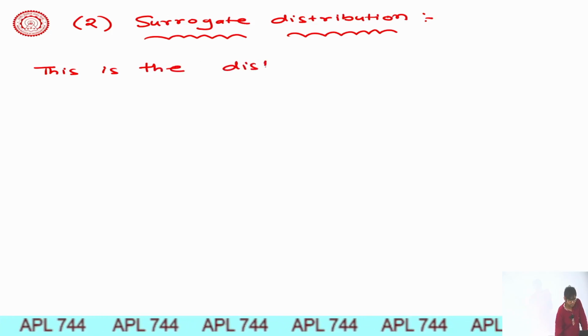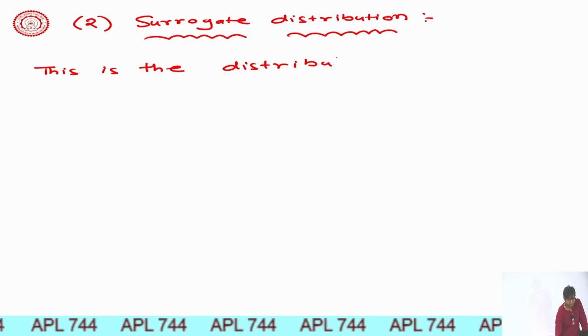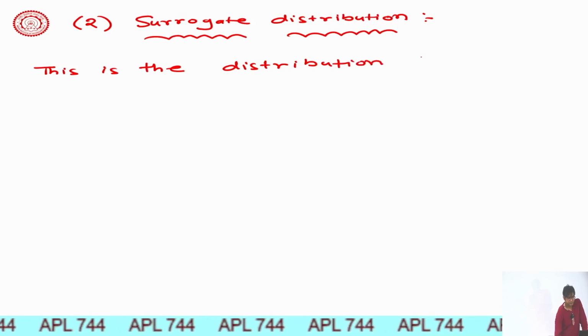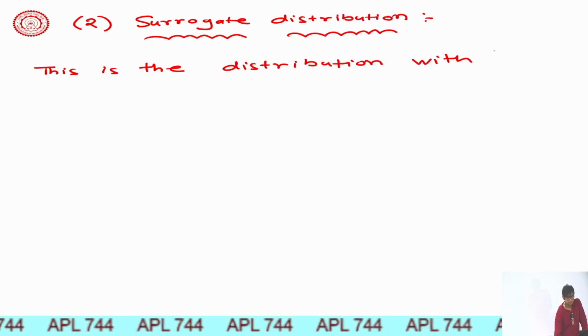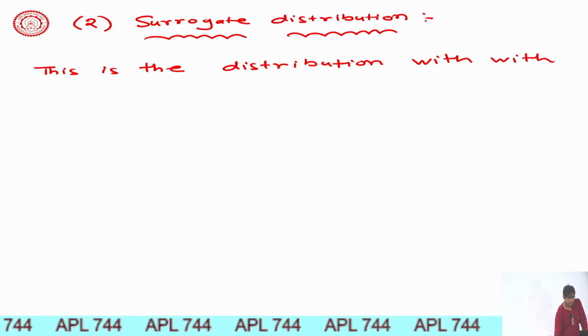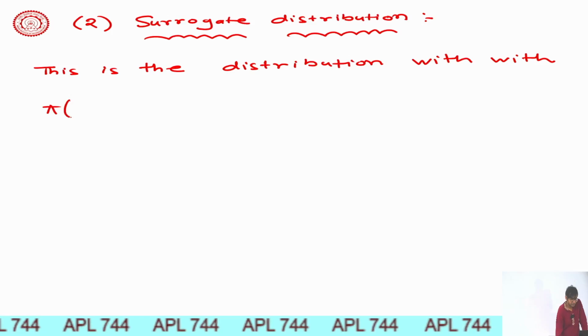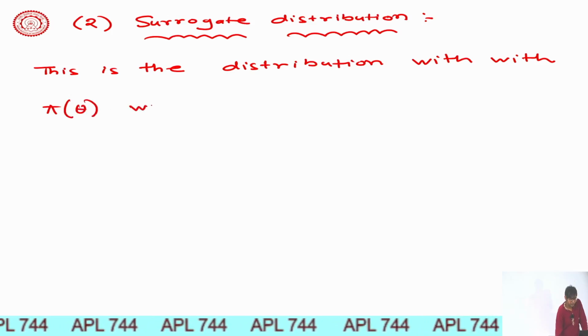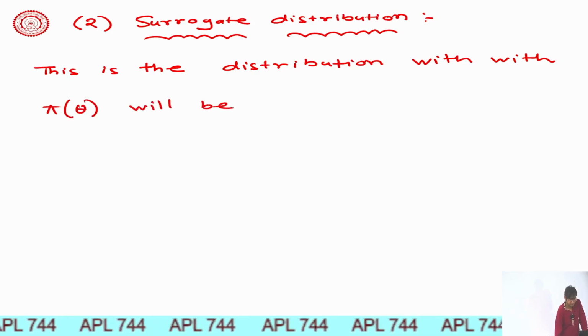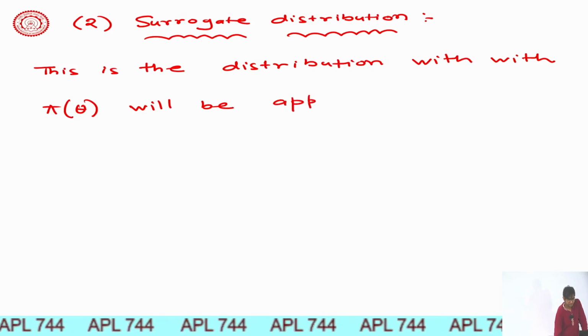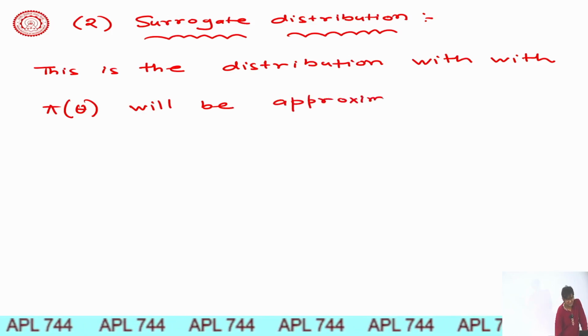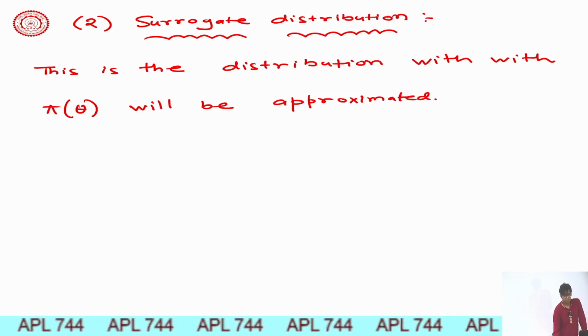Okay. So this is the distribution with which pi theta will be approximated or represented, whatever you want to call it. Okay.